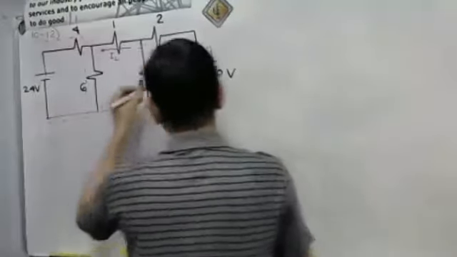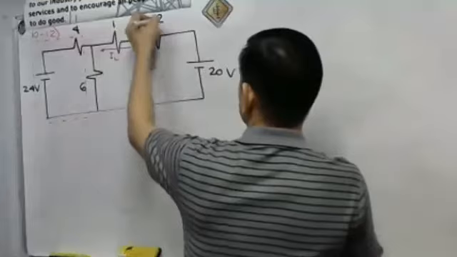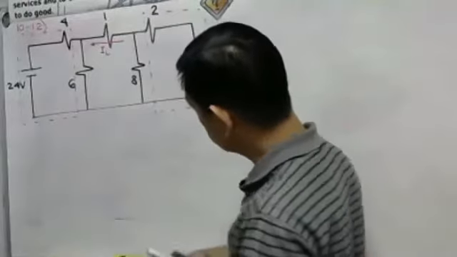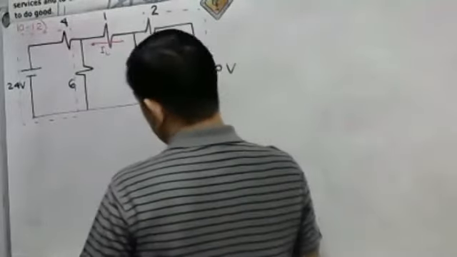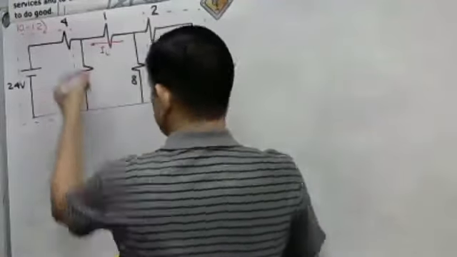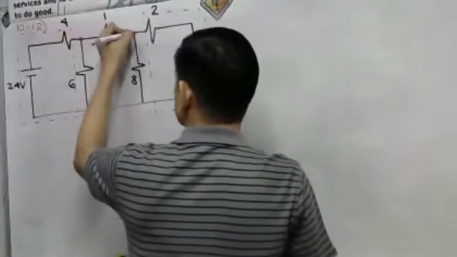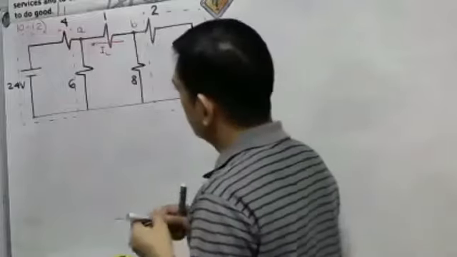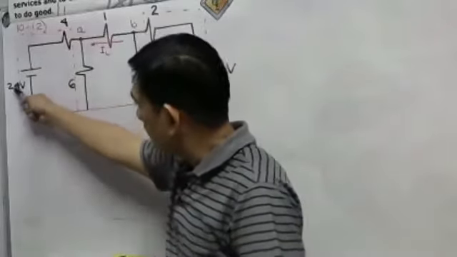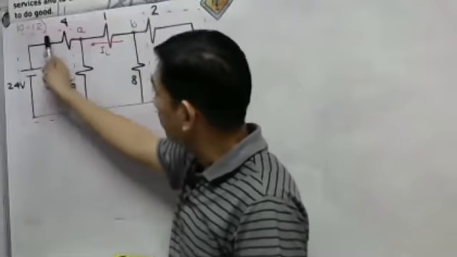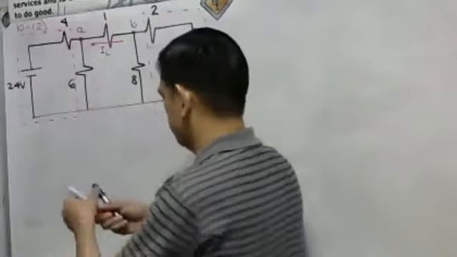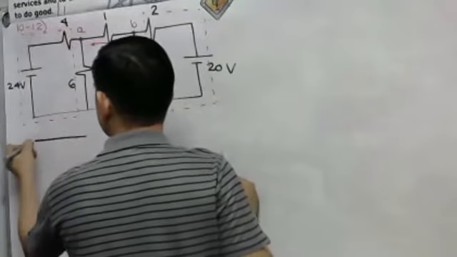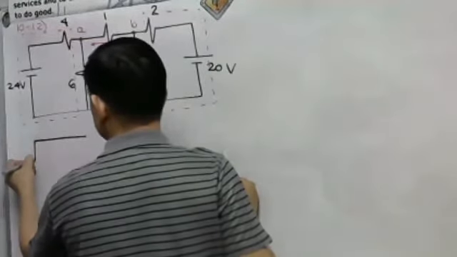I will designate this as point A and this as point B. Considering we have 24 volts in series with the 4 ohm resistor, let us replace this by a Norton circuit.